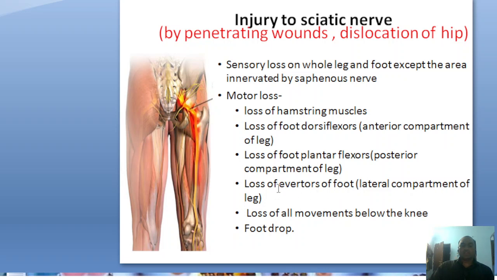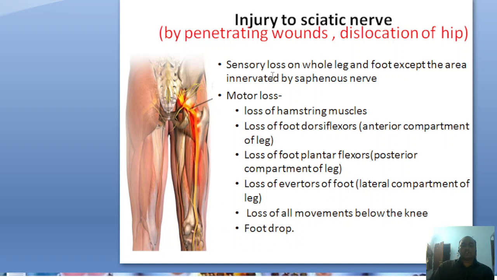So loss of eversion, loss of all movement below the knee, and foot drop, because the anterior compartment muscles of the leg are supplied by the common peroneal nerve. With damage of the sciatic nerve, the common peroneal nerve is damaged, so dorsiflexion is lost and foot drop appears.